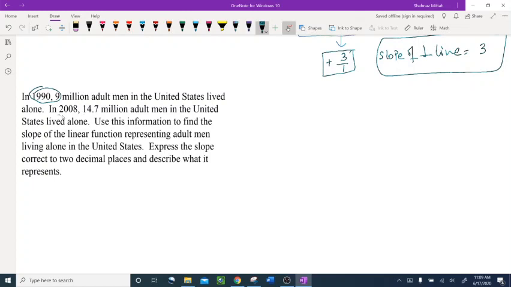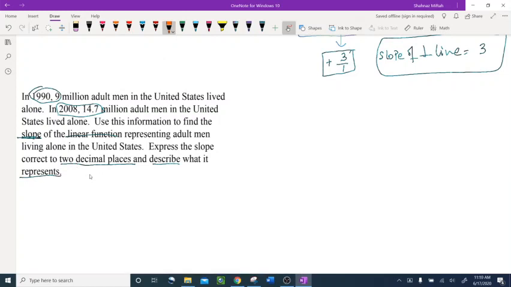In 2008, 14.7 million adult men in the United States lived alone. Use this information to find the slope of the linear function representing adult men living alone in the United States. Express the slope correct to 2 decimal places and describe what it represents. So everything that I underlined, this is what I'm looking for in each one of them, okay?